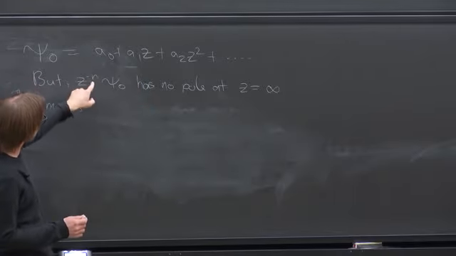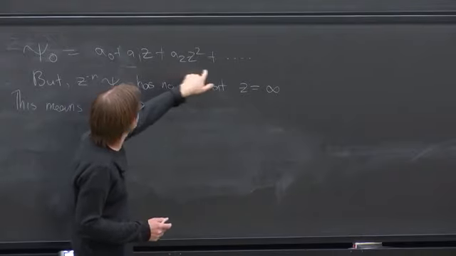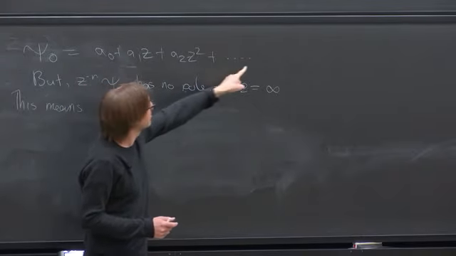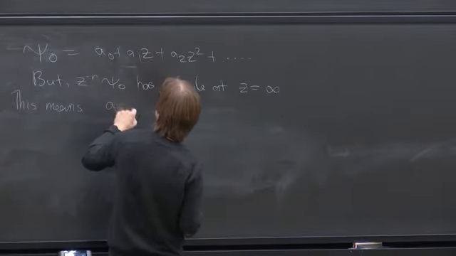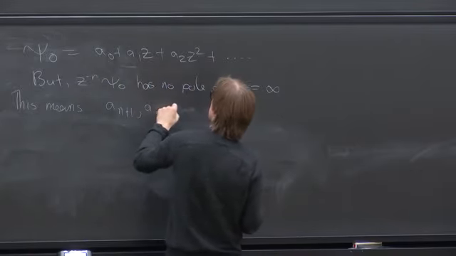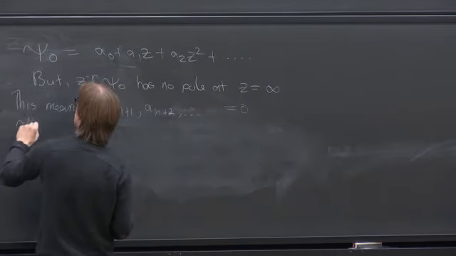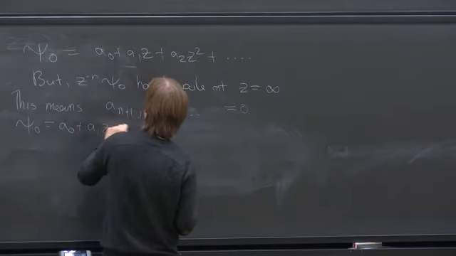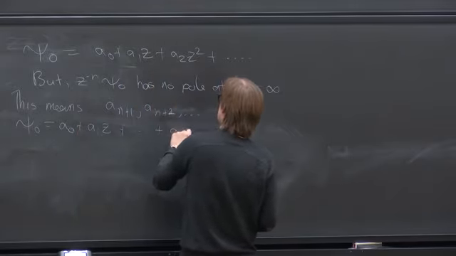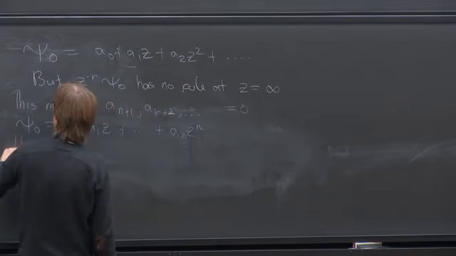Because I'm hitting it by z to the minus n, the first couple of terms are fine. I only get a problem after the z to the n term. So a n plus 1, a n plus 2, and so on are 0. So psi 0 is a0 plus a1z plus up to an z to the n, and the Hilbert space is of dimension n plus 1.